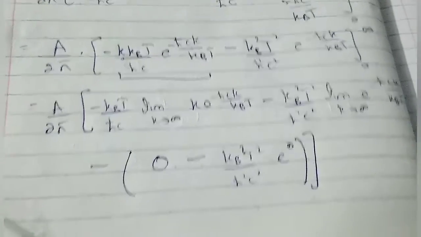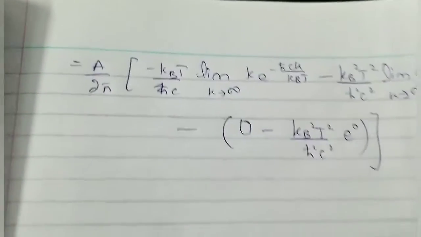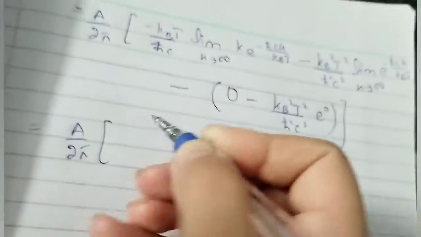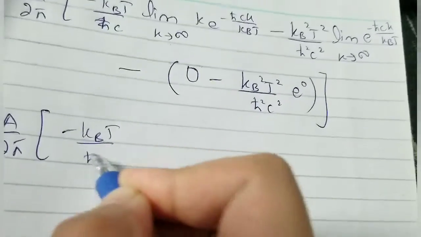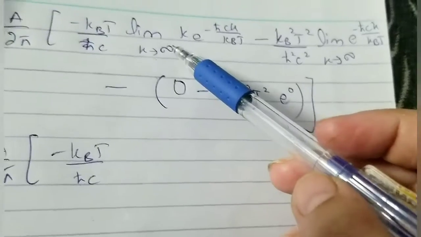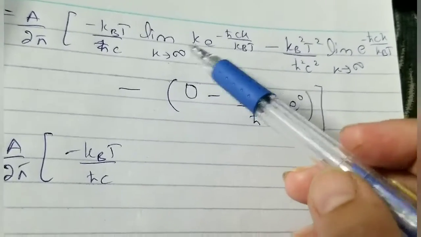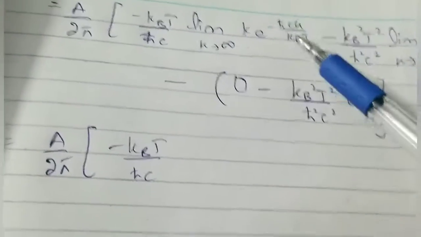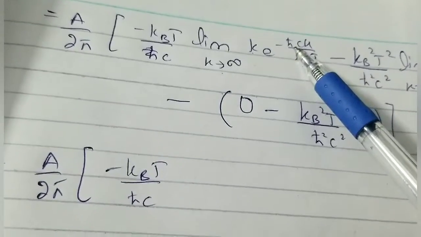Okay, so in the next step, here you will not simply put infinity in place of k, because there is a property of the exponential that will be used here. E to the power negative of something is a very small quantity.